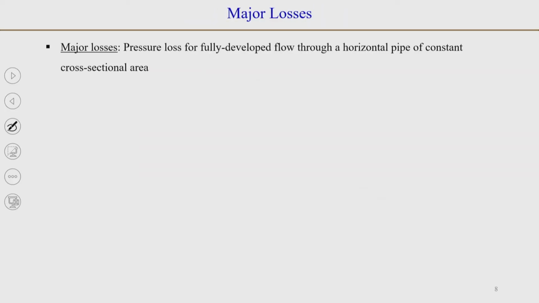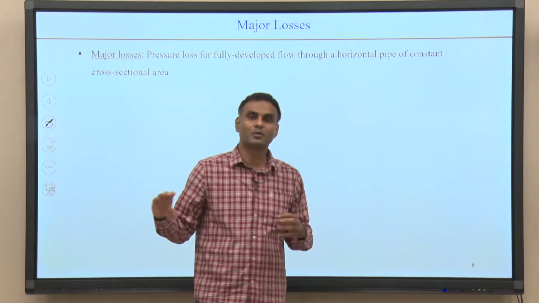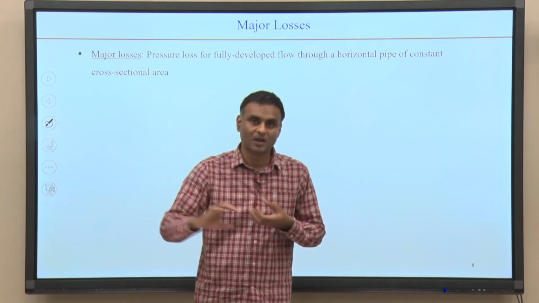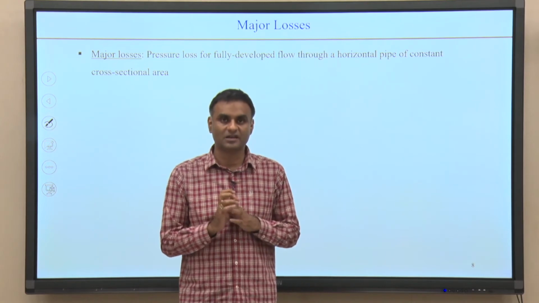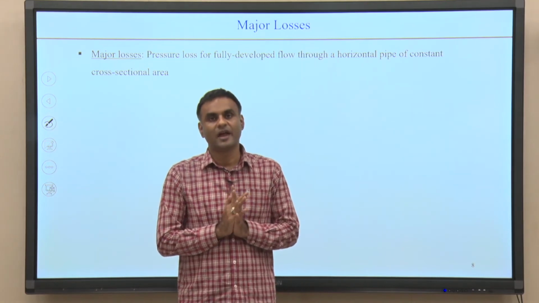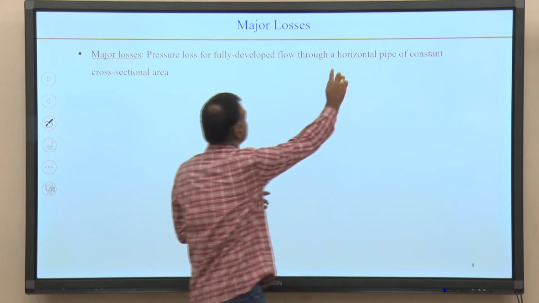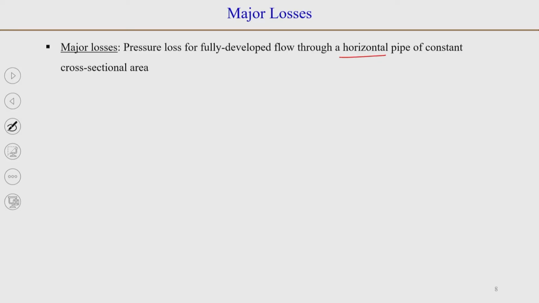The major loss can be defined if we consider a pipe of uniform cross sectional area, a straight pipe where the cross sectional area is constant, and we consider that this pipe is horizontal. With all these assumptions we can write down the head loss equation.